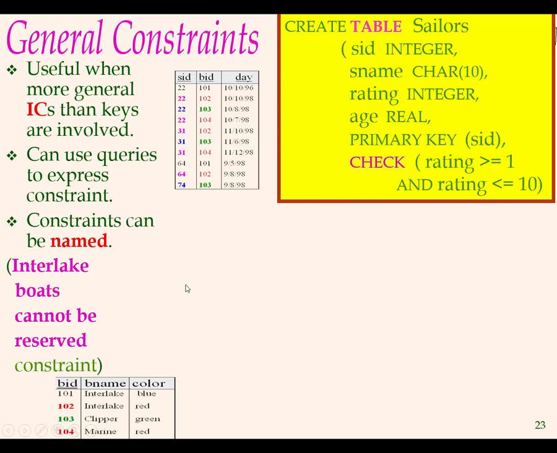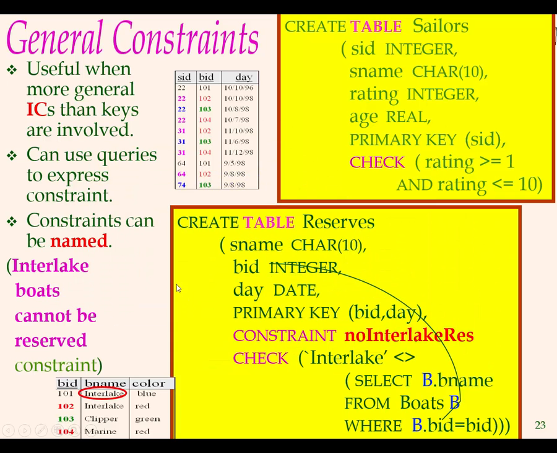What about if I have a constraint like interlake boats cannot be reserved? I can actually have named constraints. So here is my constraint. I give it a name, no interlake reserved, and I'm going to check.